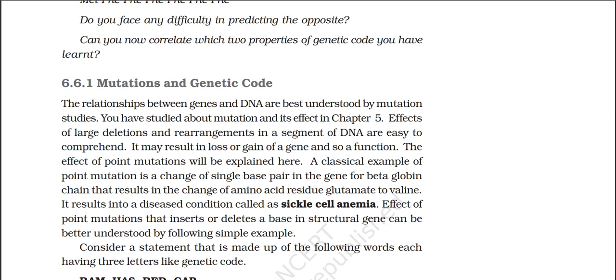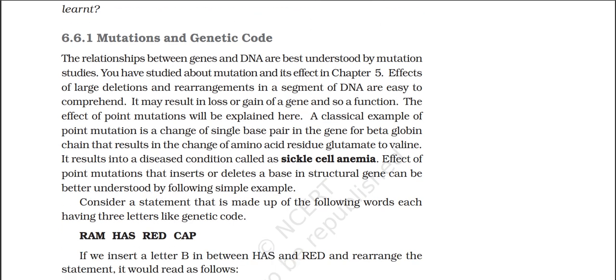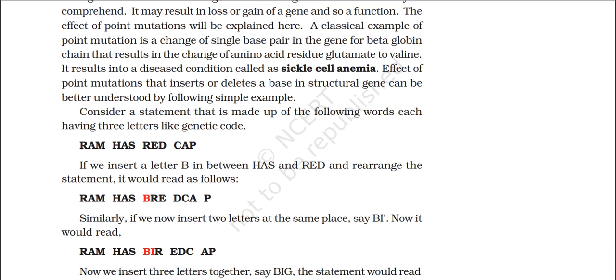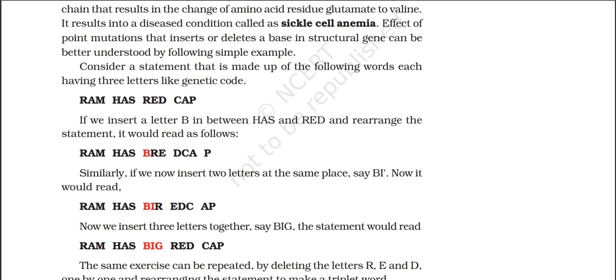Effect of point mutations that insert or delete a base in a structural gene can be better understood by the following simple example. Consider a statement that is made up of the following words, each having 3 letters like genetic code. Ram has red cap. If we insert a letter B in between has and red and rearrange the statement, it would read as follows: Ram has bre dca p.